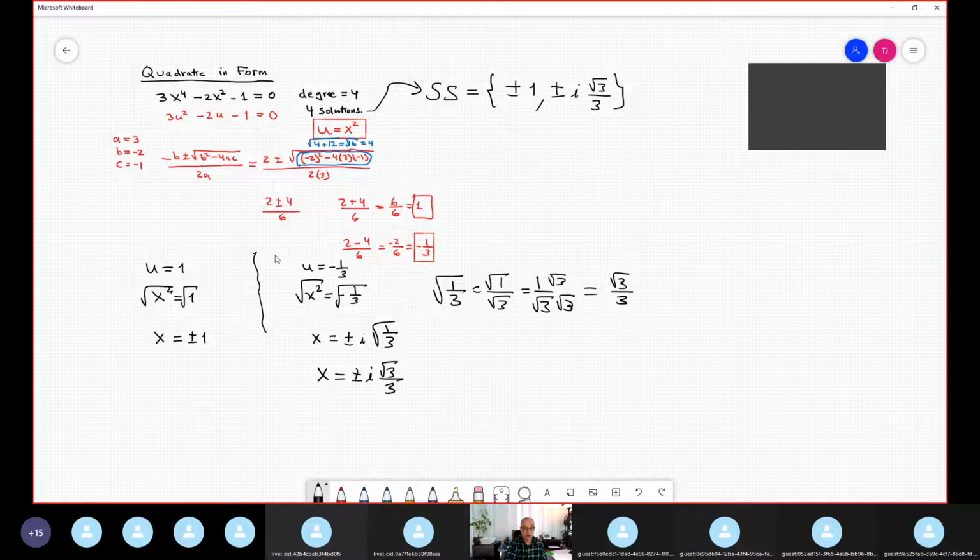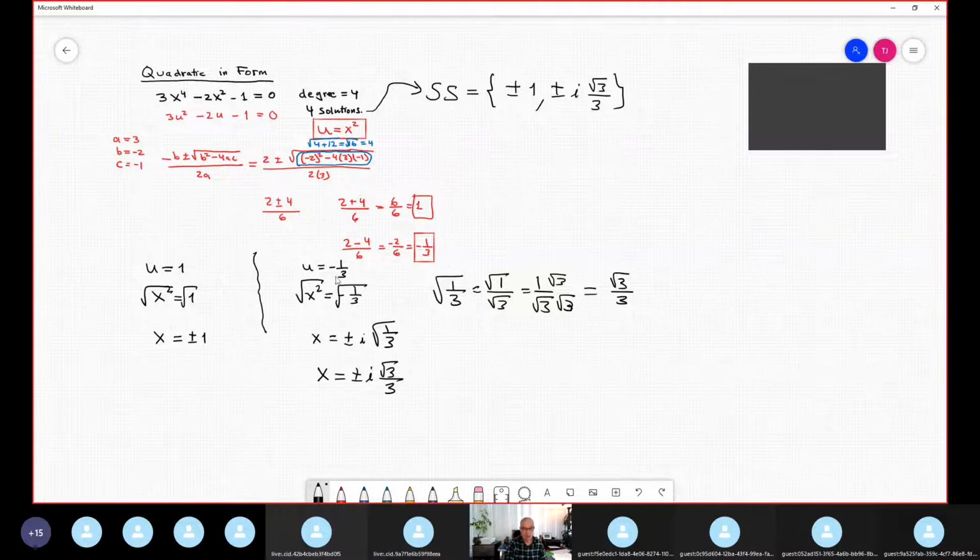And the u substitution magically converts this polynomial equation to a quadratic equation. And this quadratic equation I solve using the quadratic formula. And after you replace u with the values and solve 2 new elementary quadratic equations, you get 4 solutions.